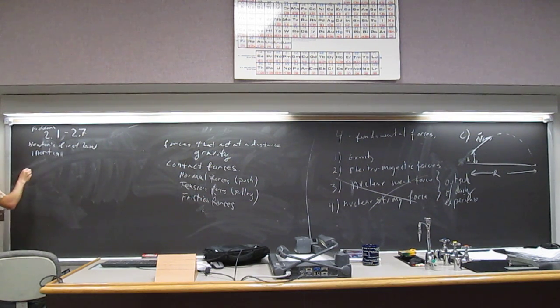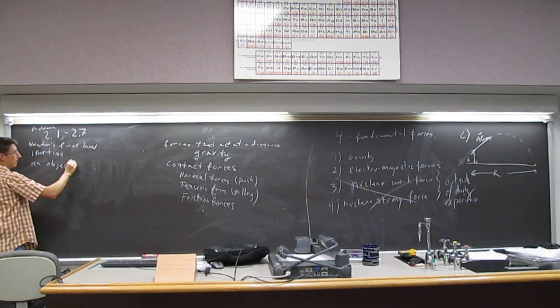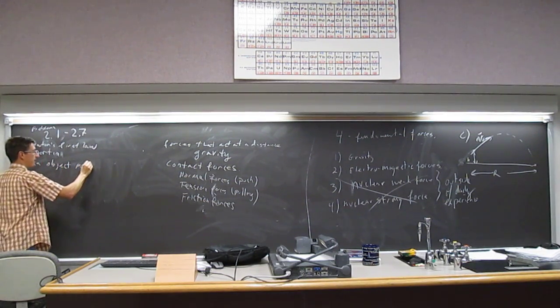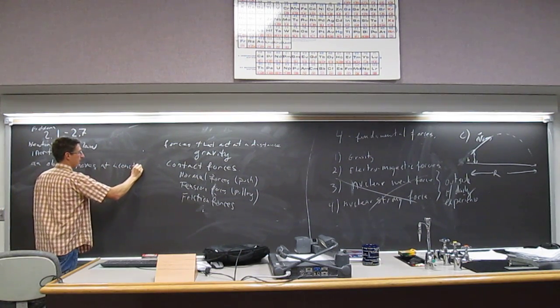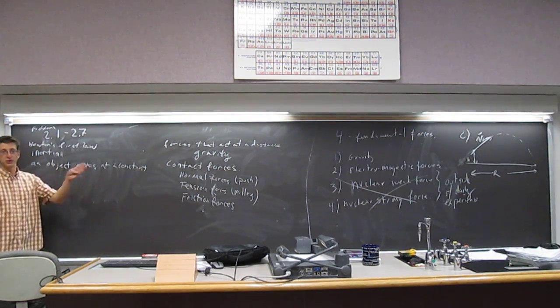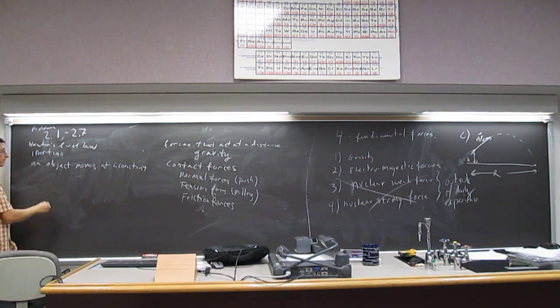Okay? An object moves at a constant velocity. That means constant speed, constant direction, in the absence of any forces.